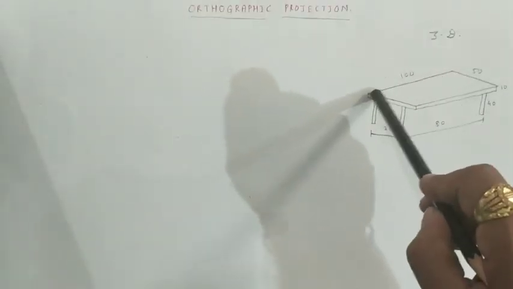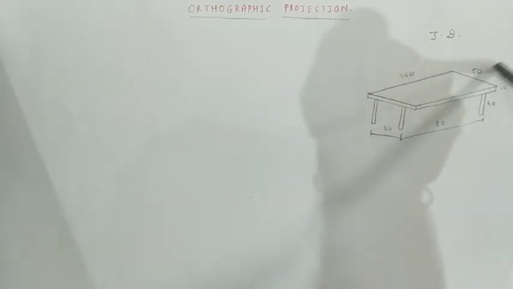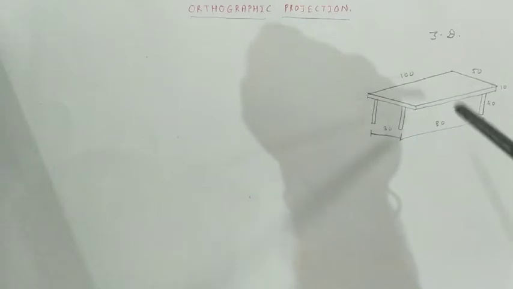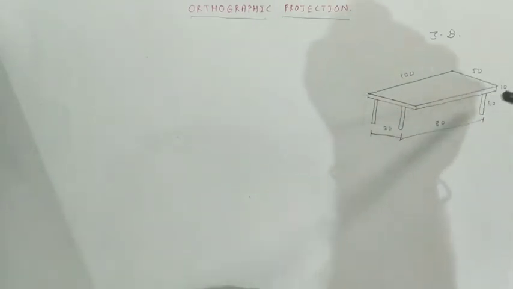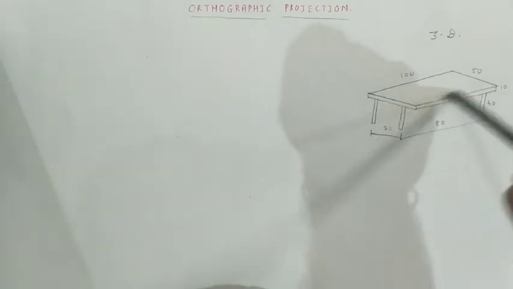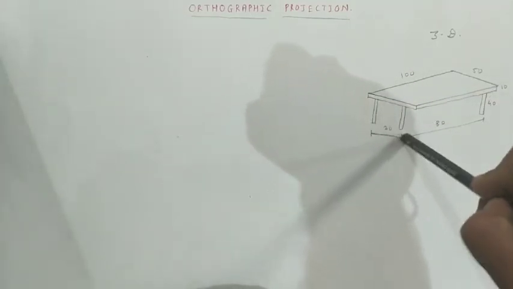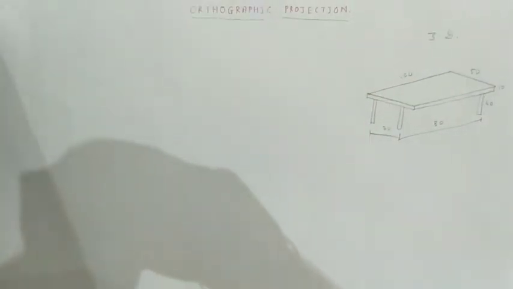The tabletop is rectangular in shape, with a size of 100 by 50, thickness is 10 mm, it has legs with a height of 40, the distance between two legs along the length is 80, and the distance between two legs along the width is 30. So these are all the dimensions provided in this drawing.